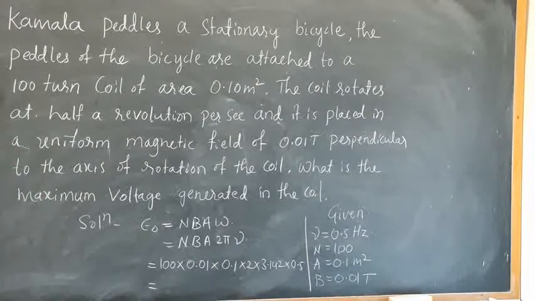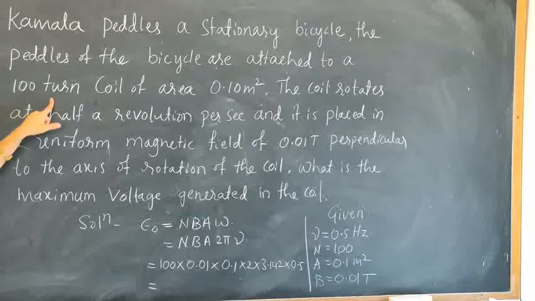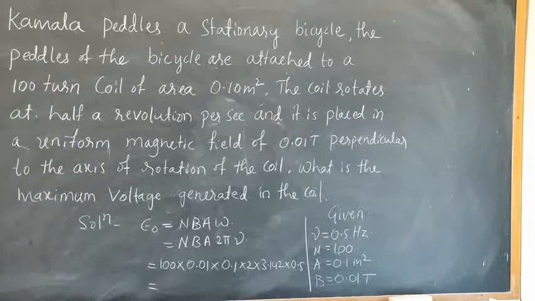See here, Kamala pedals a stationary bicycle and the pedals of the bicycle are attached to a 100-turn coil. The number of turns in the coil is 100, N is equal to 100. The area of the coil is 0.10 meter square, A is equal to 0.1 meter square.